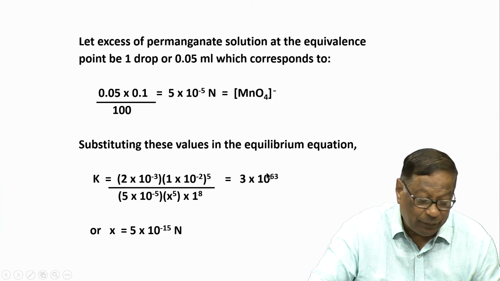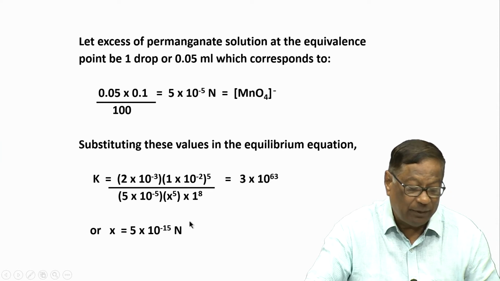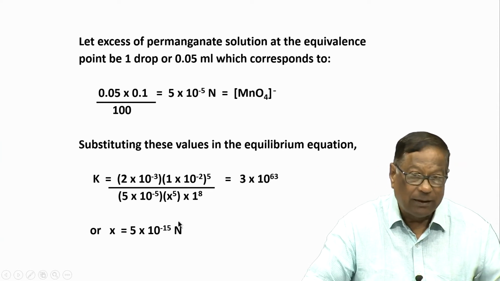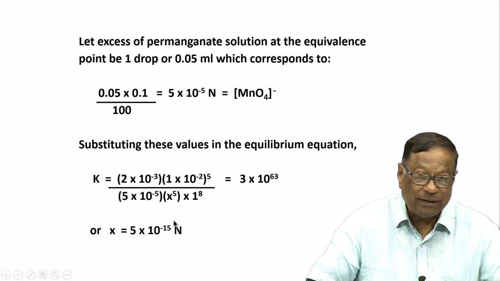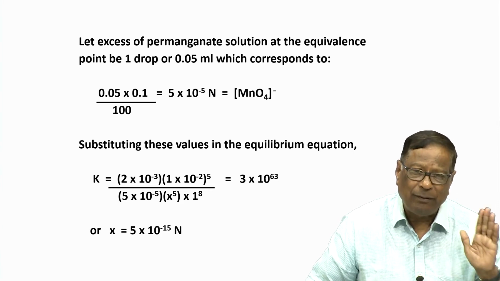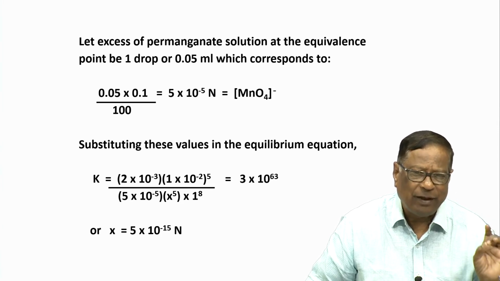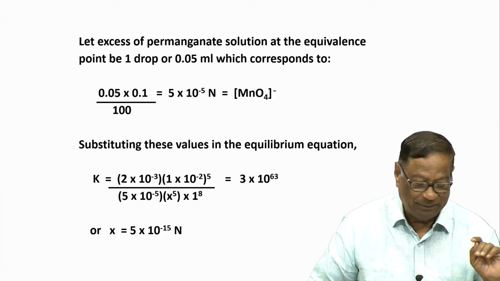So, this works out to 5 into 10 raised to 63 and x would be 5 into 10 raised to minus 15, that means the reaction is again virtually complete. There is no more ferrous to be reacted. That is why whenever we want to oxidize ferrous ion, we take potassium permanganate and oxidize it.